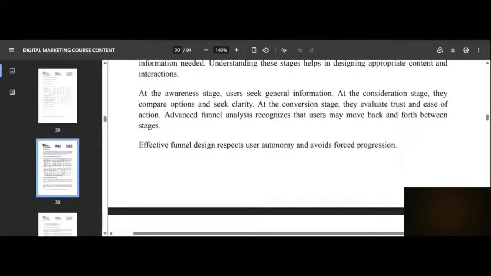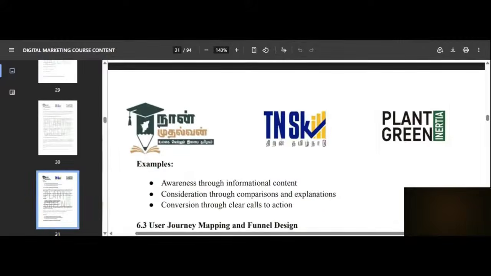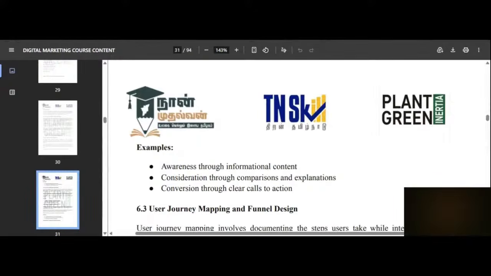Effective funnel design respects the user's autonomy and avoids forced progression. A few examples are awareness through informational content, consideration through comparison and explanations, and conversion through clear calls to action.